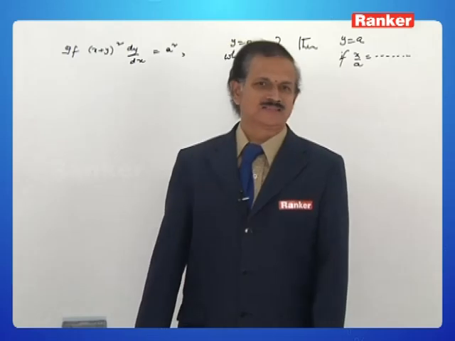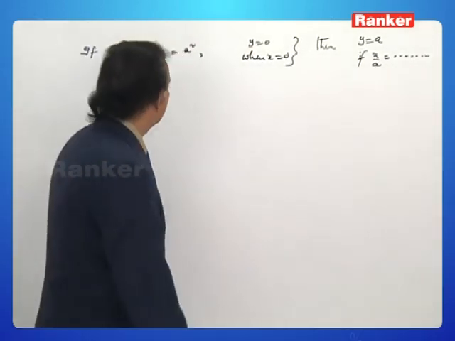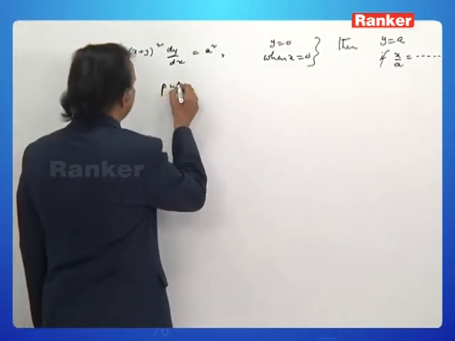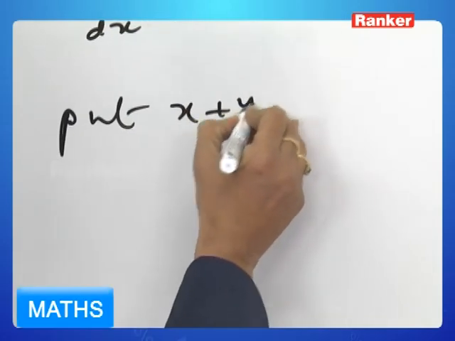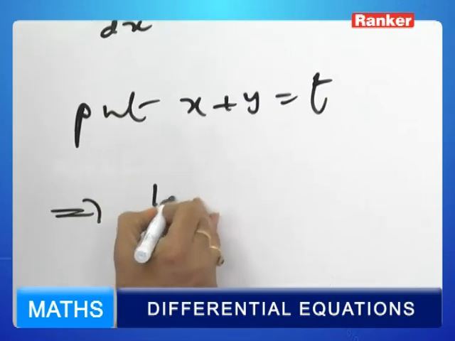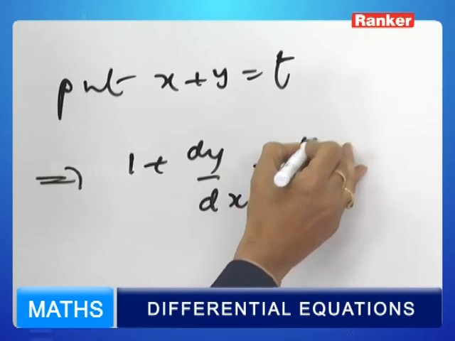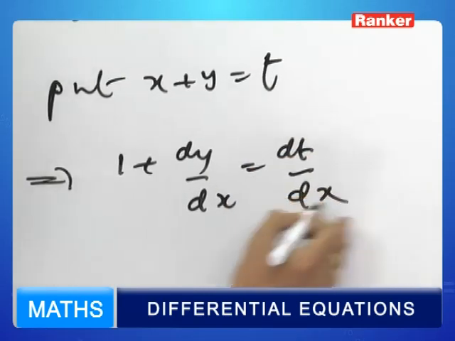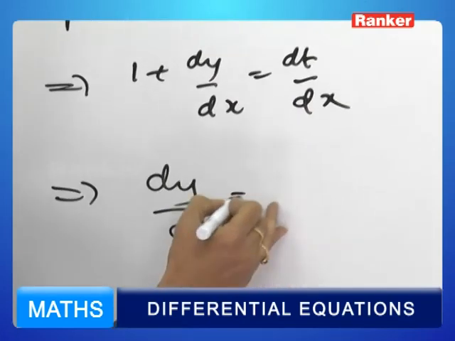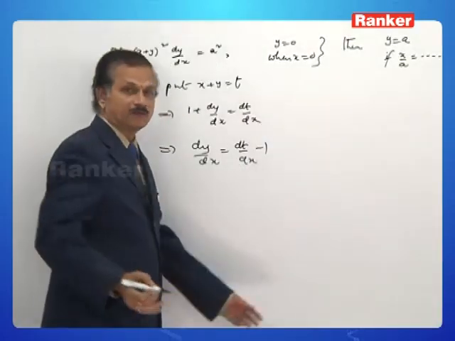Okay, for all these things it is necessary to have the general solution first of all. Look here, as usual, put x plus y is equal to t. Automatically 1 plus dy by dx is equal to dt by dx, which implies dy by dx means dt by dx minus 1, right?